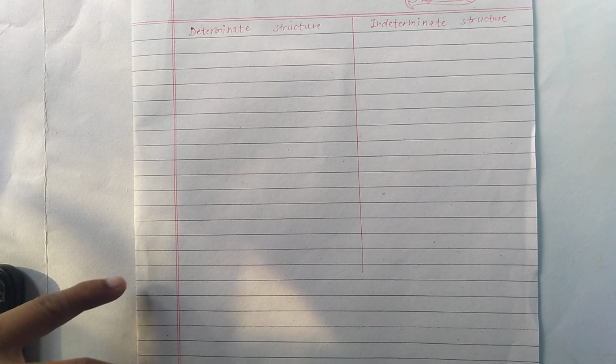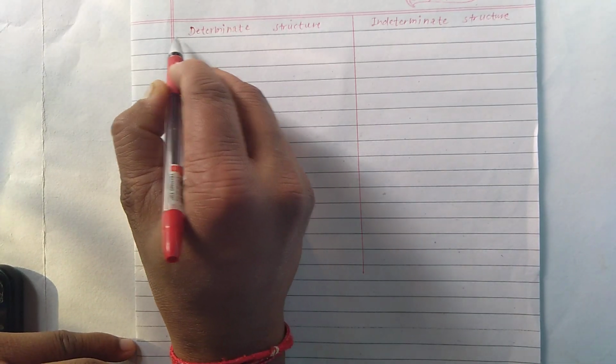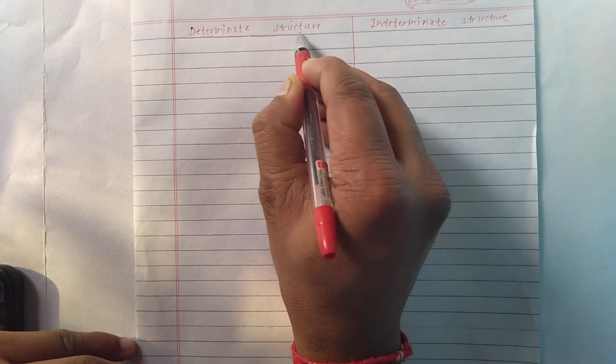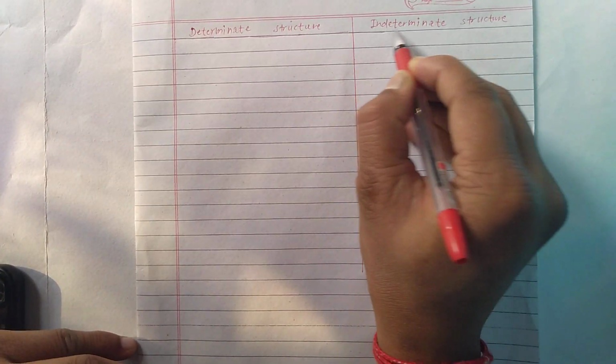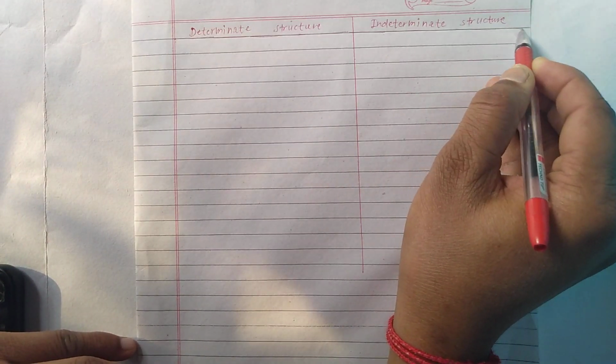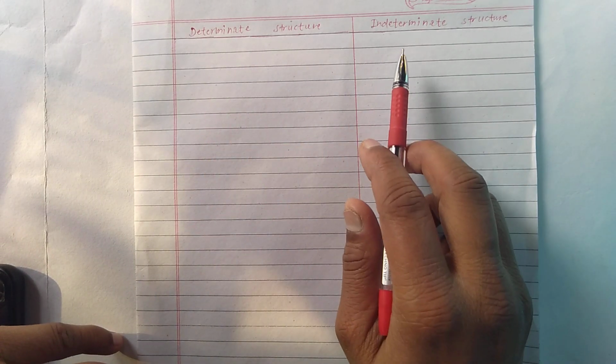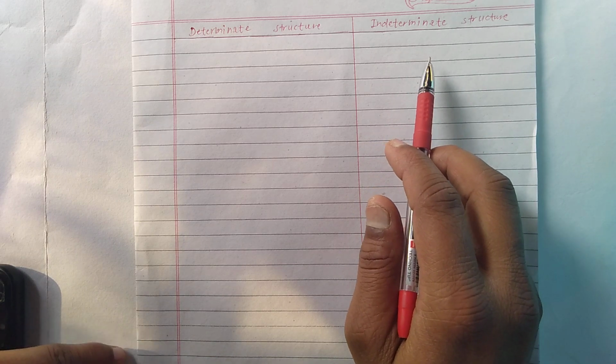Basically, in this video we will study what a determinate structure is and what an indeterminate structure is, and we will also focus on the different concepts that differentiate the determinacy and indeterminacy of any given structure.